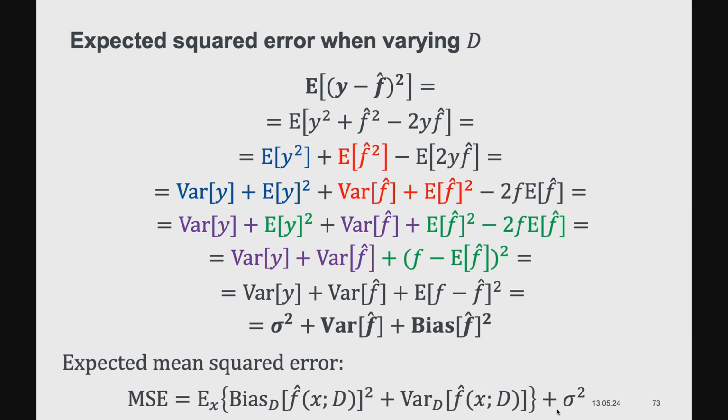The expected mean squared error is then eventually nothing else than the bias I get. So basically I write this now, this term here. The mean squared error depends on my x's. When I compute on my data set and look at this f hat squared, I write this here just in more detail.